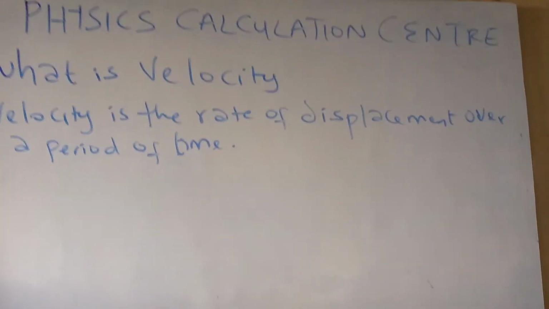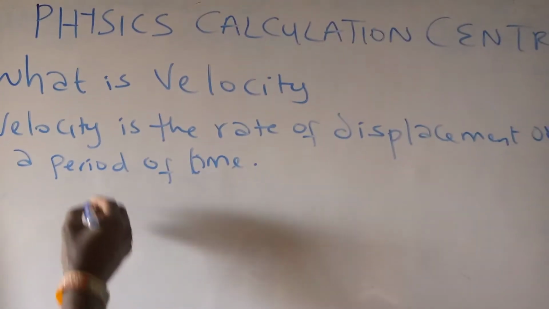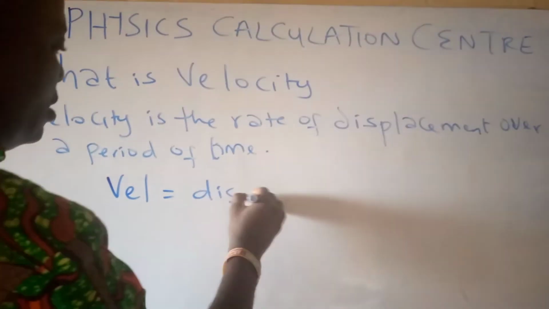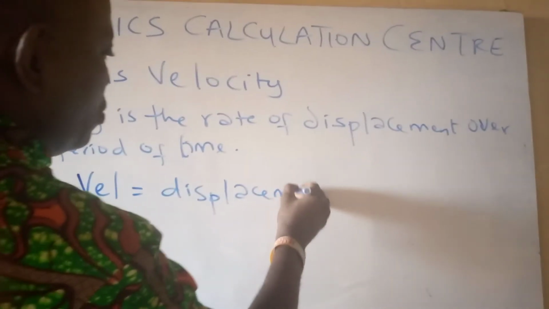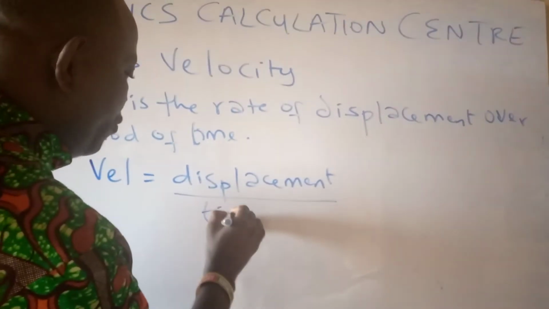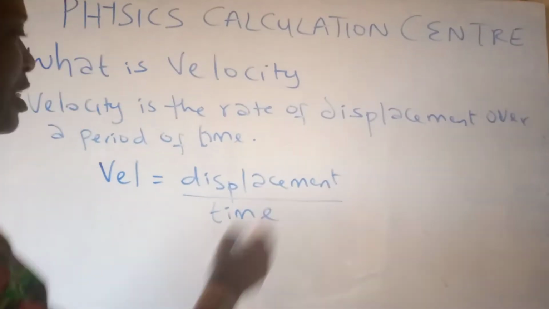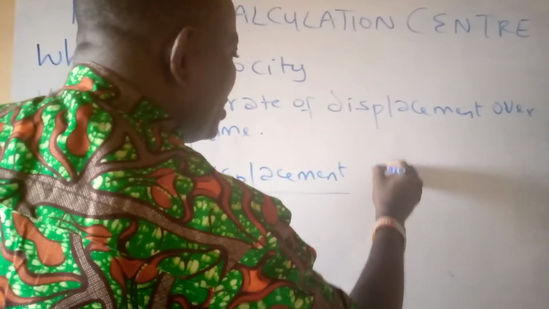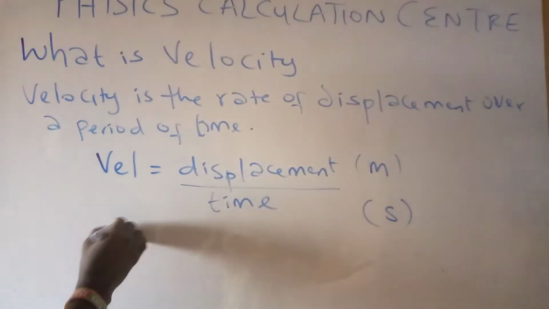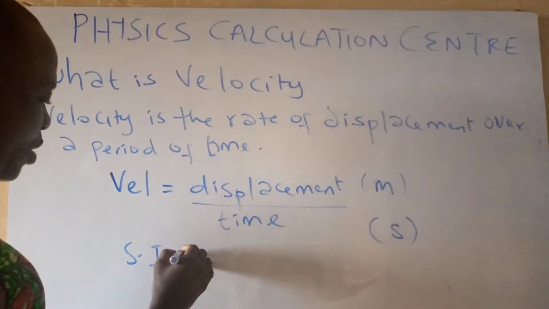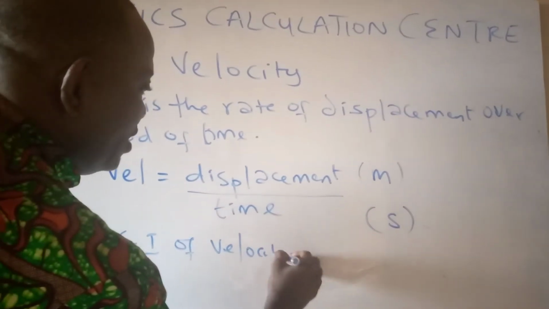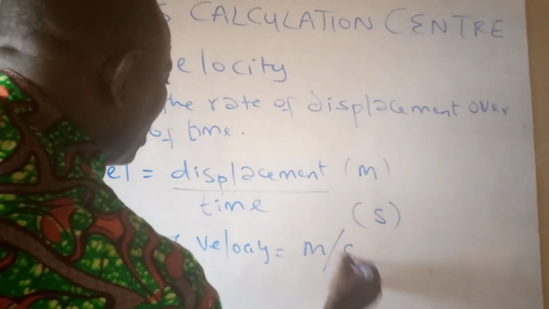Quickly, let's look at the formula for velocity. Velocity is displacement over time. Displacement is measured in meters, and time is measured in seconds, which means the SI unit for velocity is meter per second.